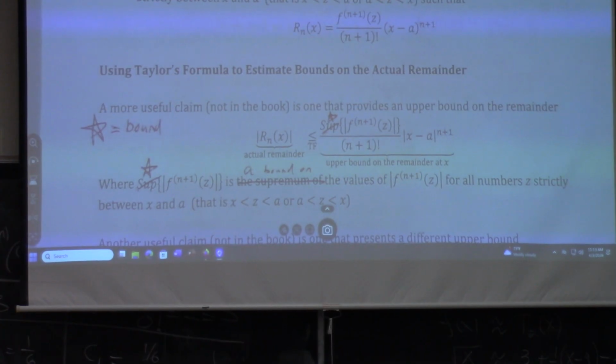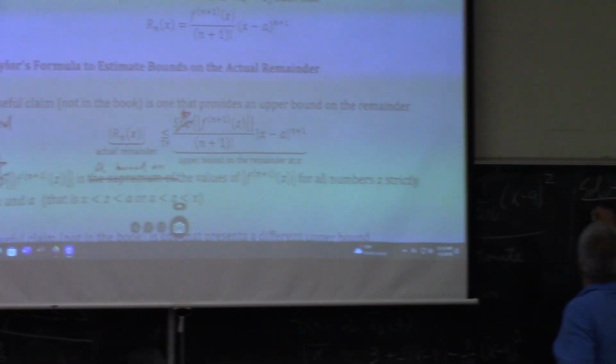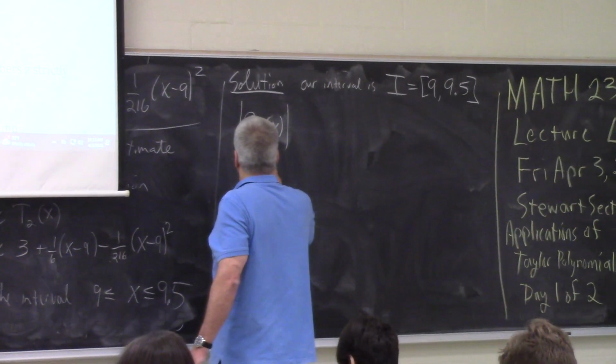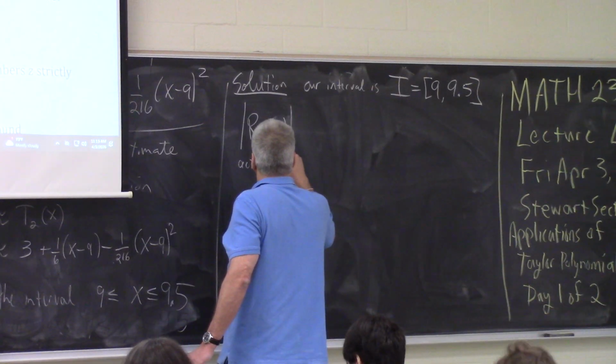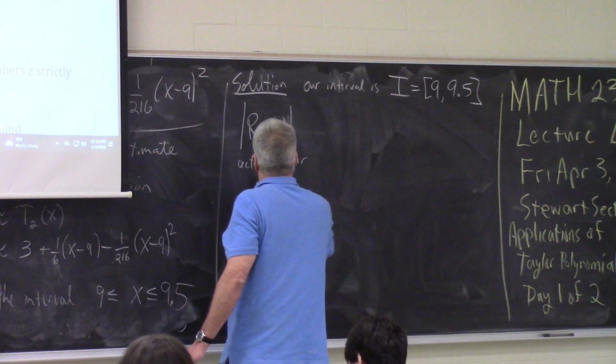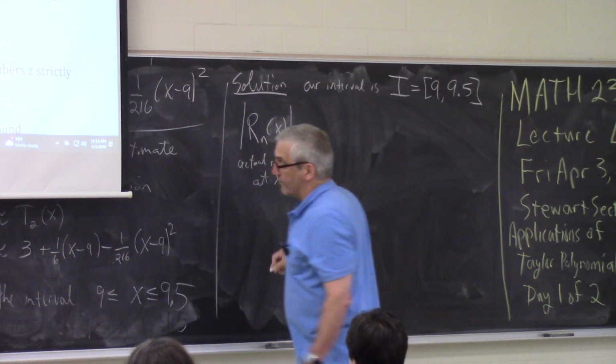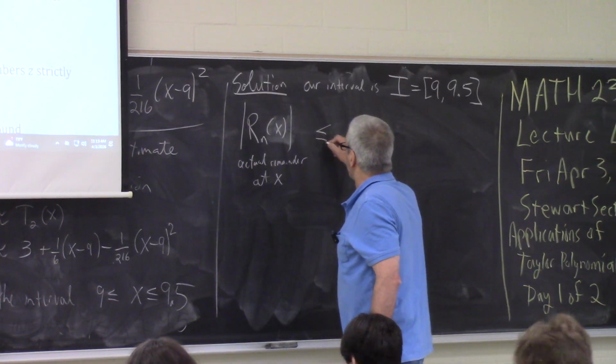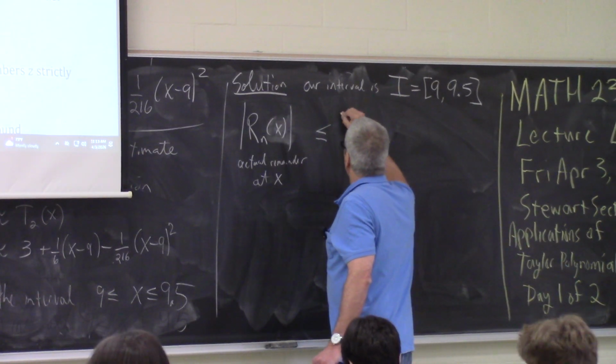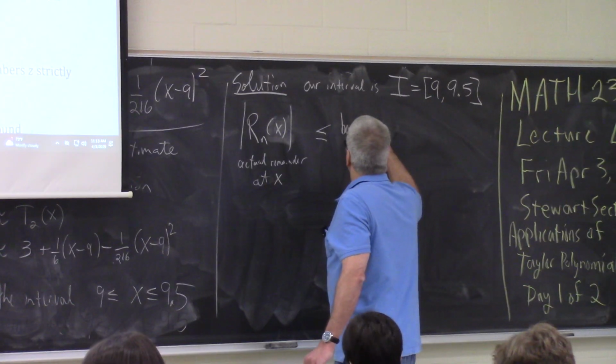So we're going to consider this the actual remainder at x. And so that's going to be less than or equal to the bound on this set.